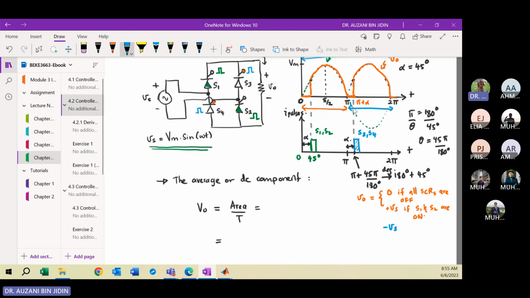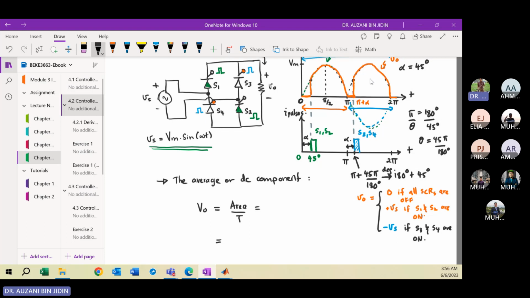This waveform, you invert the wave shape. So your VO will be minus Vs if S3 and S4 are conducting, are on. Okay, clear?